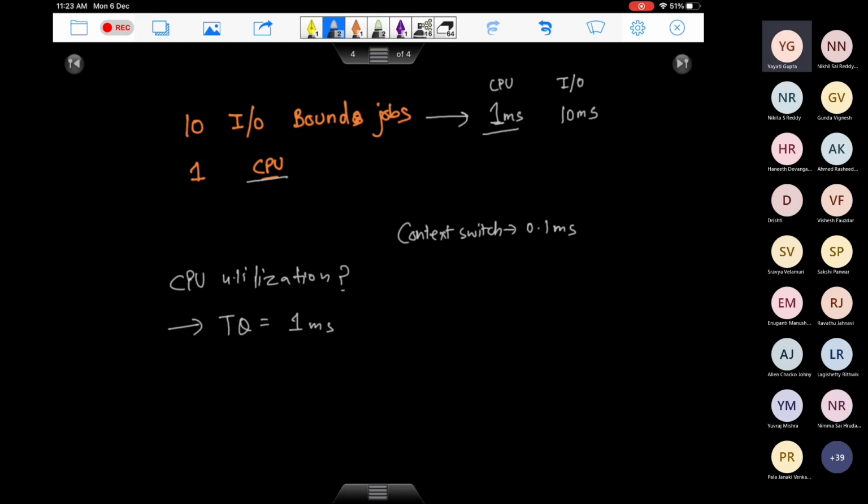See if you can solve it, otherwise I'll discuss it in the lab session. CPU utilization is, whenever you are running your processes, sometimes they are using CPU, sometimes they are not using CPU. So in this entire time, for what fraction of time is your CPU being utilized?